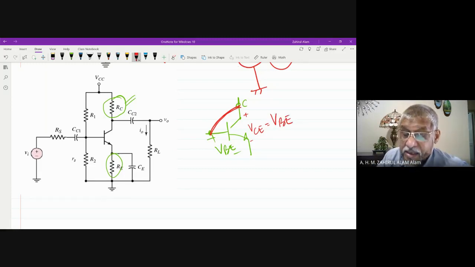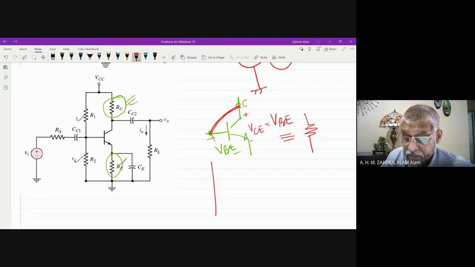When it is connected in this fashion, this is equivalent to a resistance. That means this resistance can be converted to this transistor configuration.